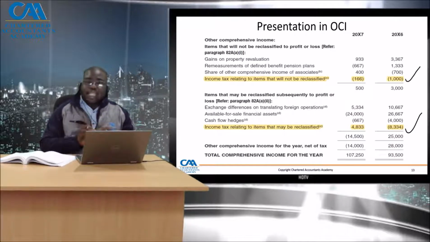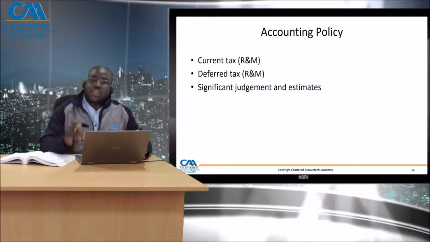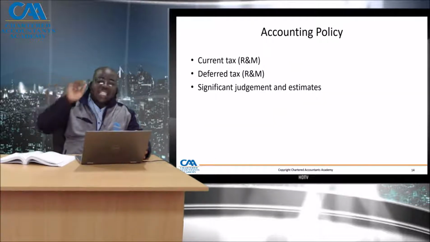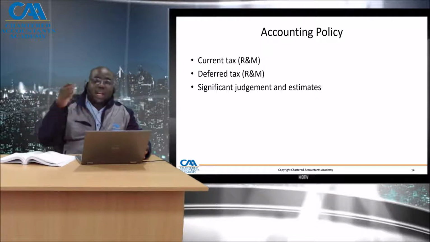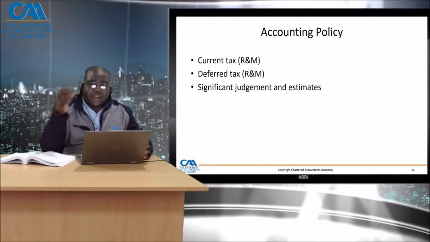Now, when you come to the disclosures, the accounting policy and explanatory notes. The accounting policy should talk to the current tax, how the current tax is recognized and how it's measured. I'm sure most of the focus is on measurement of current tax. For deferred tax, a lot is on the recognition and measurement of deferred tax.